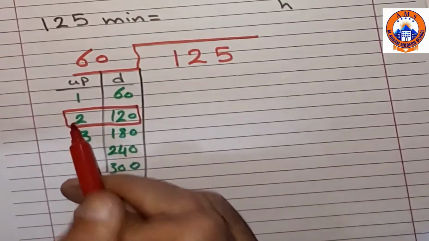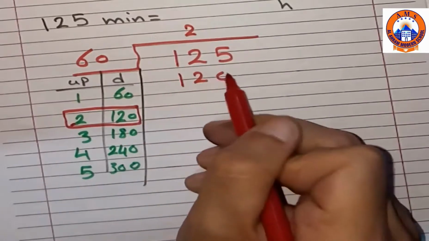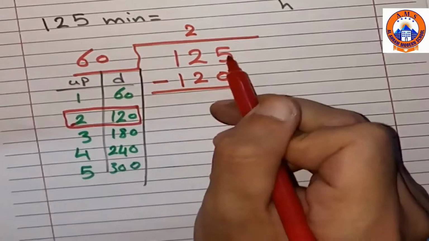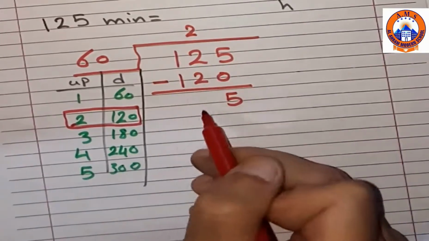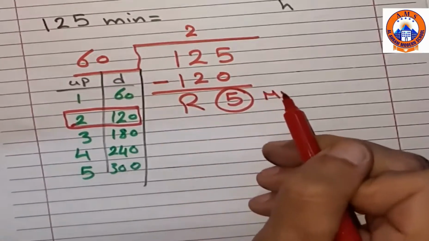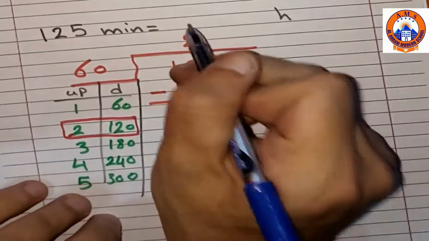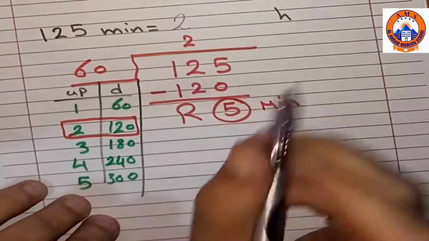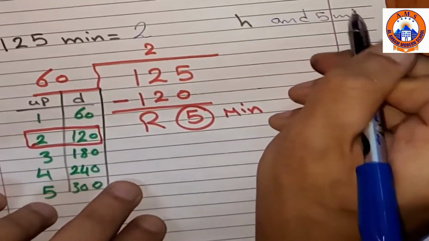So I'm going to put 2 up and 120 down, then subtract. 5 minus 0 is 5, 2 minus 2 is 0, 1 minus 1 is 0, so we have a remainder of 5 minutes. So the answer is 2 hours and 5 minutes.